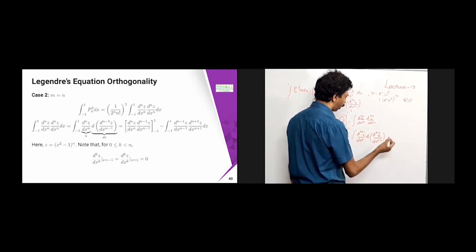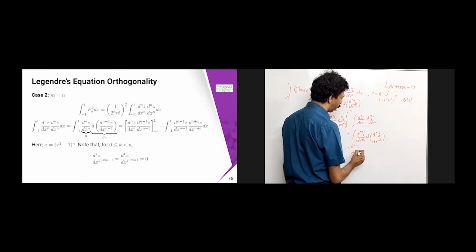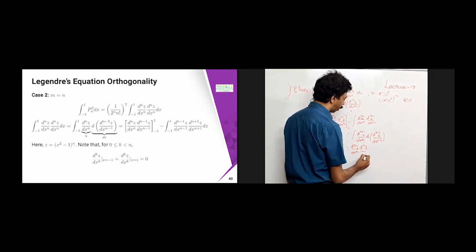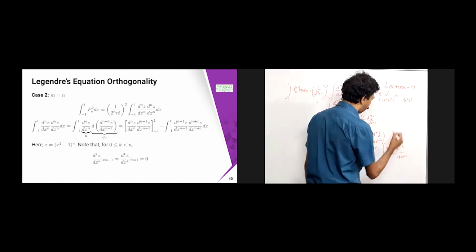Once again I can replace that, and this becomes minus d^(n plus 1) z by dx^(n plus 1) into d^(n minus 2) z by dx^(n minus 2) from minus 1 to 1, plus the integral from minus 1 to 1 of d^(n plus 2) z by dx^(n plus 2) times d^(n minus 2) z by dx^(n minus 2). So you keep on decreasing.